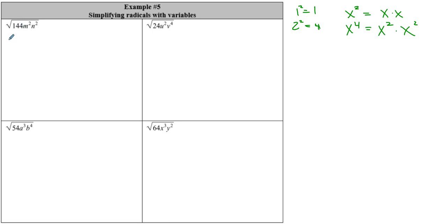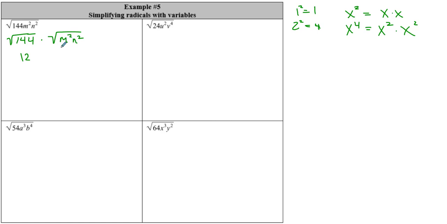So square root of 144, that looks like a magic number to me, so I'm just going to put that by itself, times m squared and n squared. Well, square root of 144 is actually a perfect square, which is 12 times 12. Okay, but now here I want to figure out how many pairs.